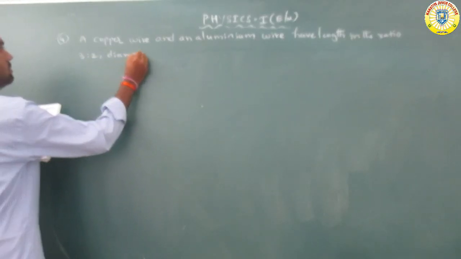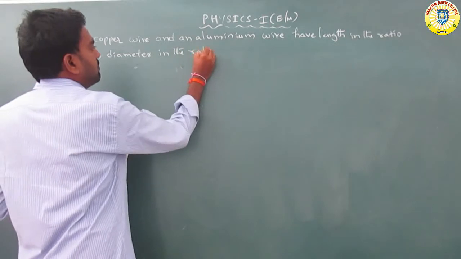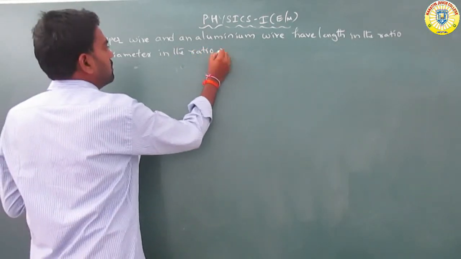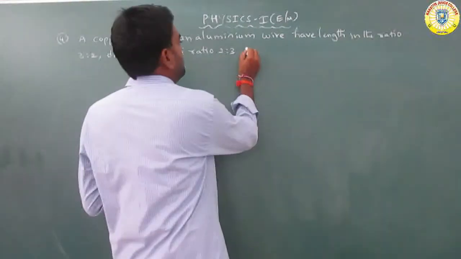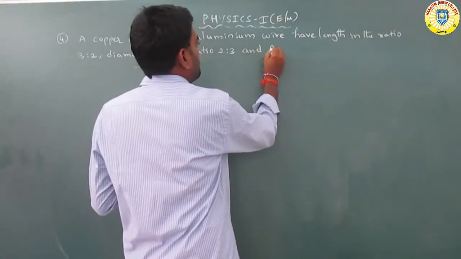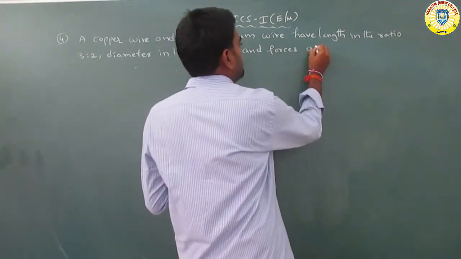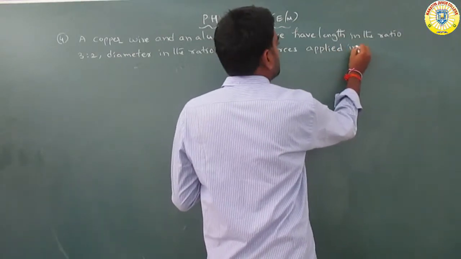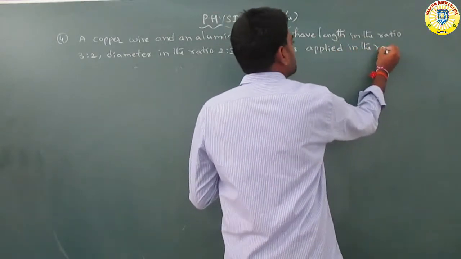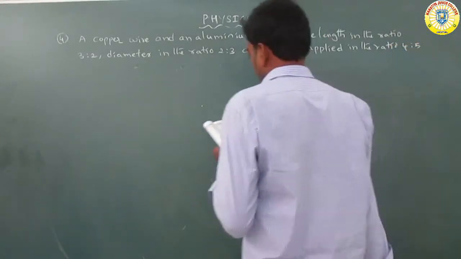The diameters are in the ratio 2:3, and the forces applied are in the ratio 4:5.